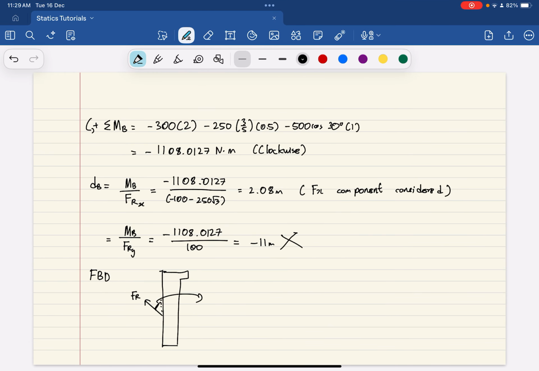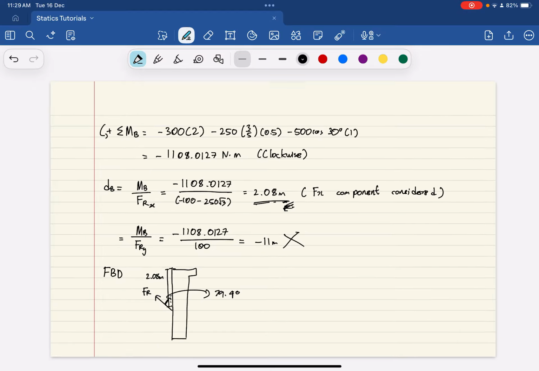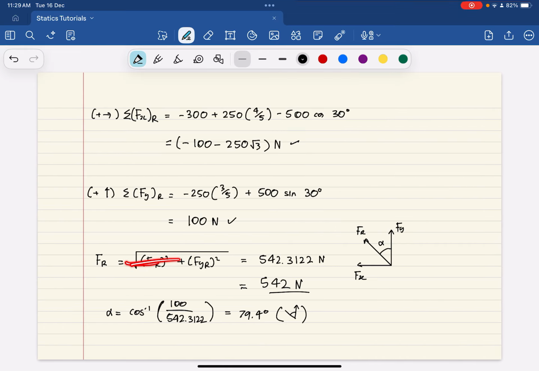So 79.4 degrees, okay? And the distance would be 2.08 meters. So yeah, that's basically it. So this is our distance right here, okay? This is our Fr, and this is our angle.